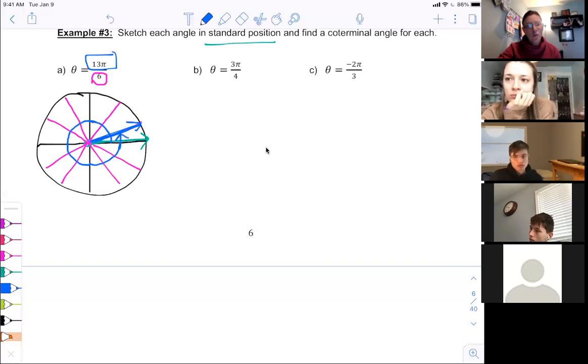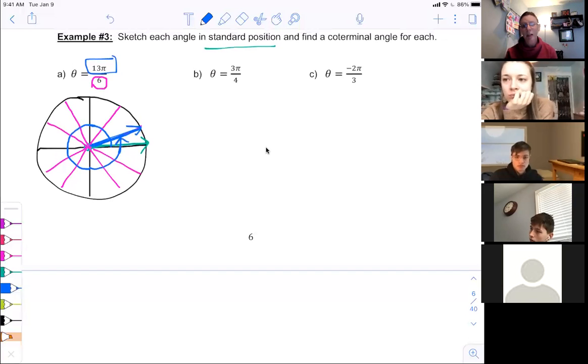Questions on how I drew that angle? Okay, so the next part says find a coterminal angle for each. Remember, a coterminal angle is an angle that begins and ends in the same location. If you look at my diagram, I need another angle that still begins and ends in the same location.